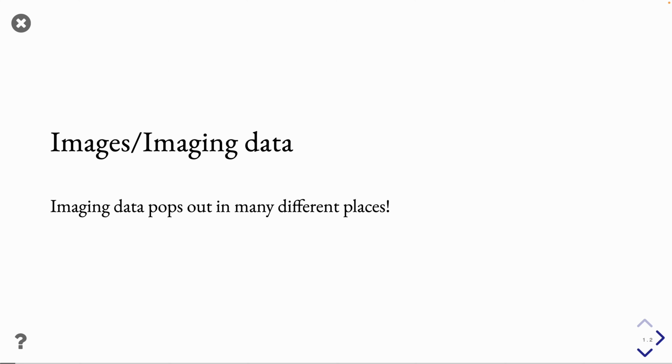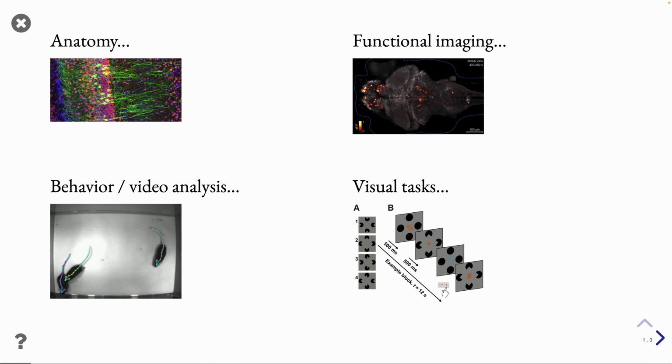But even just taking science, imaging data obviously pops out in a lot of different places. You can have statistical images, anatomical images, images you treat using histology. You have functional imaging of any kind, where your imaging data also carry information about brain activity.